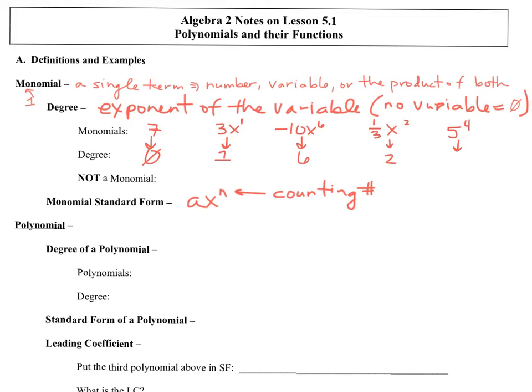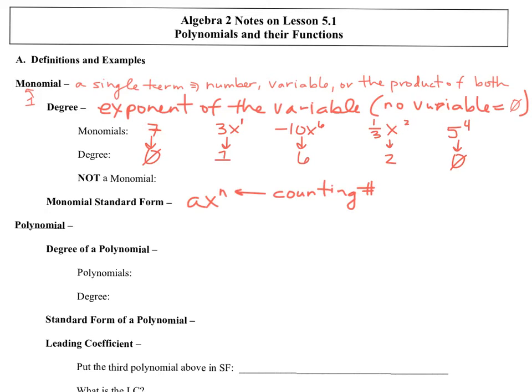But where's your variable? It doesn't exist, right? So your degree is 0, because 5 to the 4th power, I don't even know what that is. Okay, so those are the degrees.